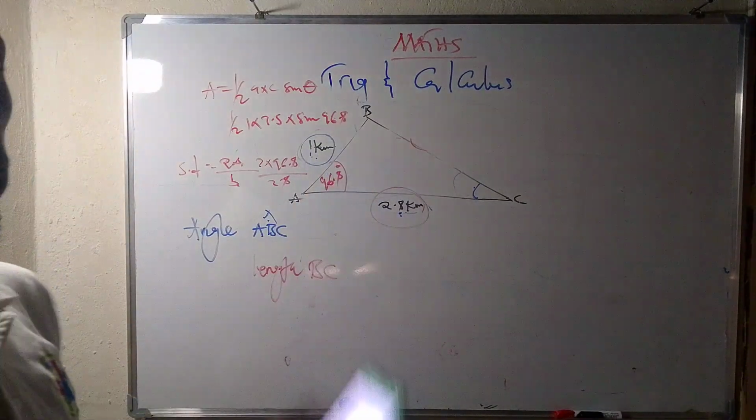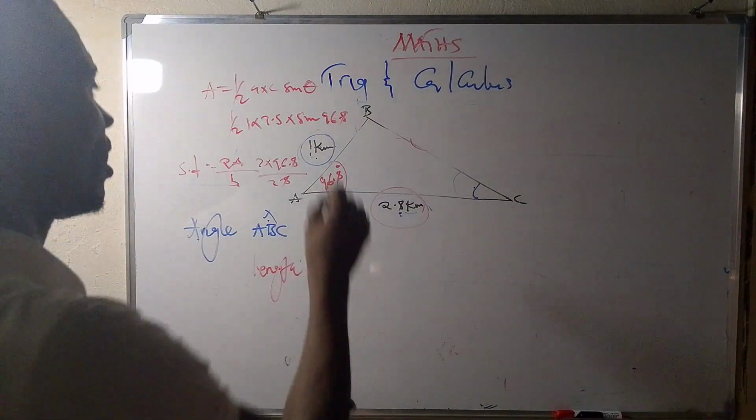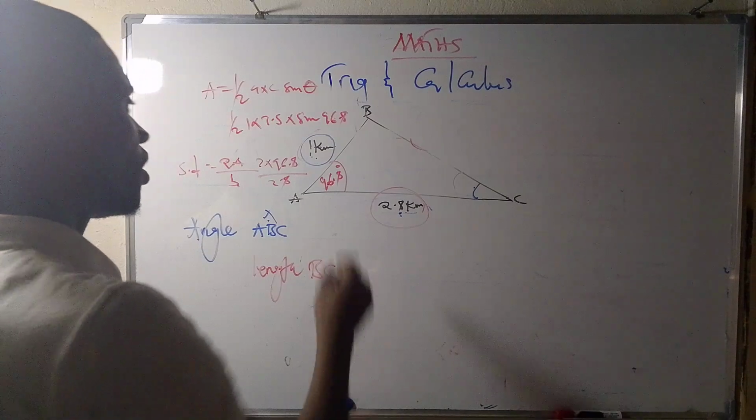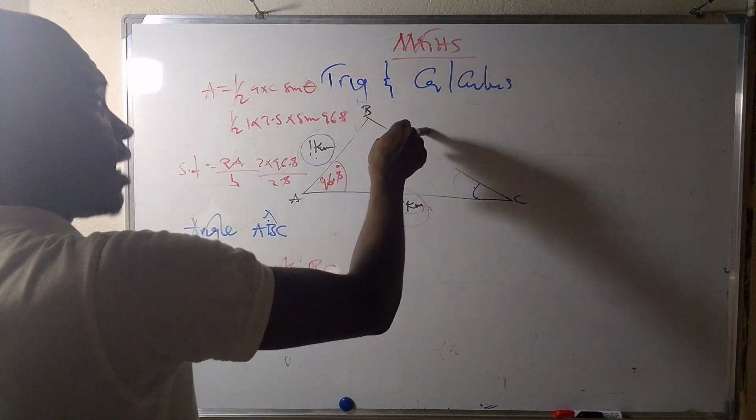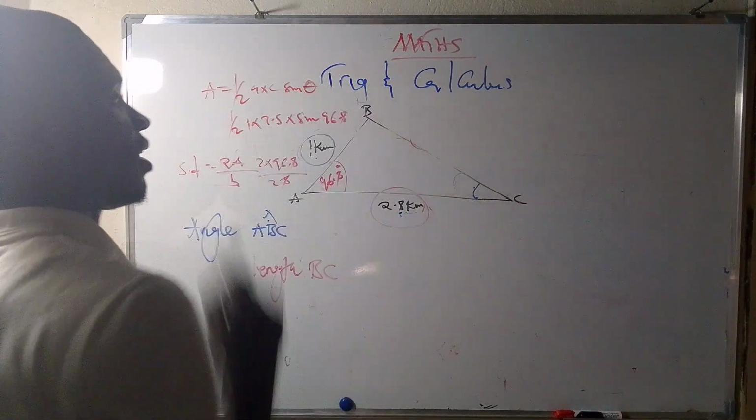Don't confuse this one with the sine rule, because under the sine rule we need to have an angle and its side, then one side, then find the other angle.